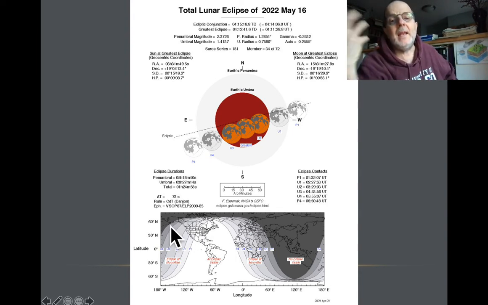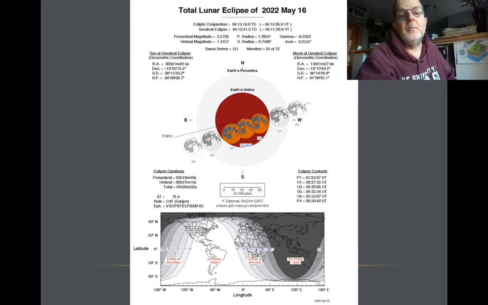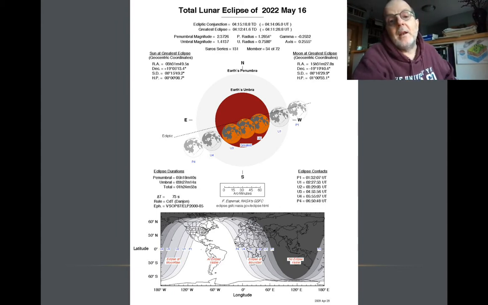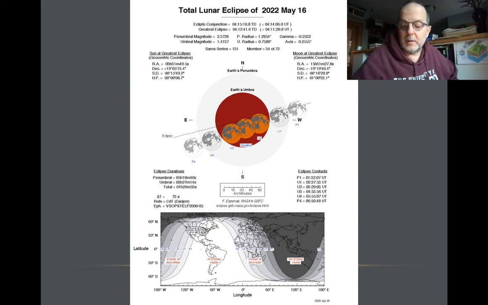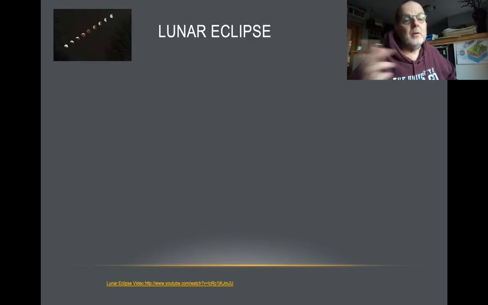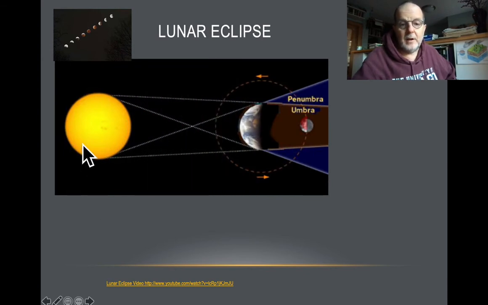So any location on the Earth will have many more lunar eclipses over the course of an individual's lifetime than solar. In fact, in some locations on the Earth, you may never get a total solar eclipse in a person's lifetime. Lunar eclipse, then sun, Earth, moon passing into Earth's umbral shadow for totality.